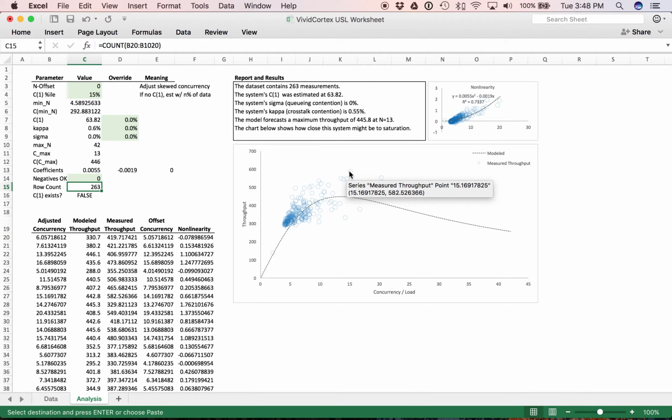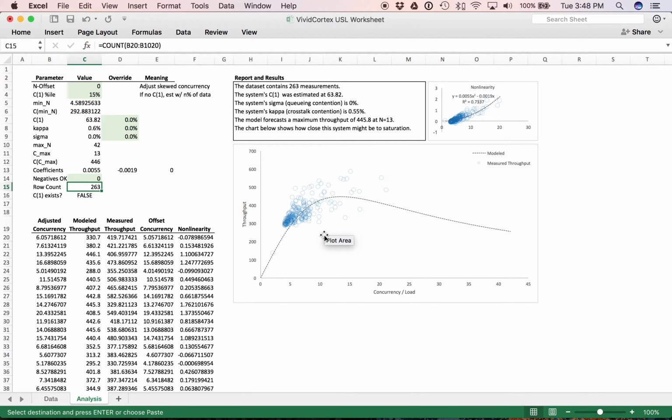So this system is not going to scale much beyond around this point here. And what's going to happen is, you push the system beyond that saturation point, which is probably related to the underlying hardware, you're going to see increasingly poor quality of service. You're going to see erratic response times and stalls and just dramatically poor, inconsistent behavior.